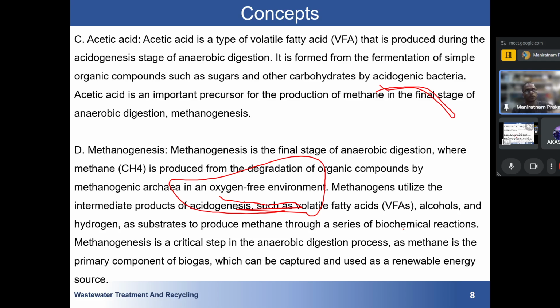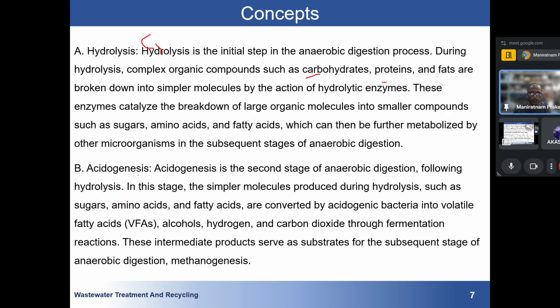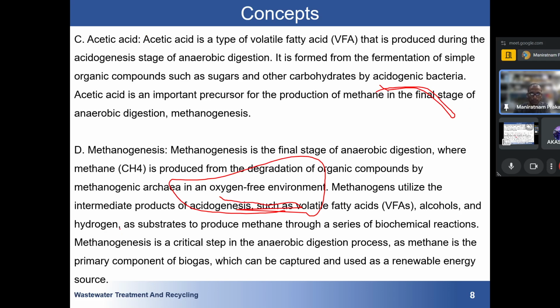It's not that one step occurs and then the next comes. The intermediate products formed in the previous three steps will be utilized to finally convert the acetic acid into methane.